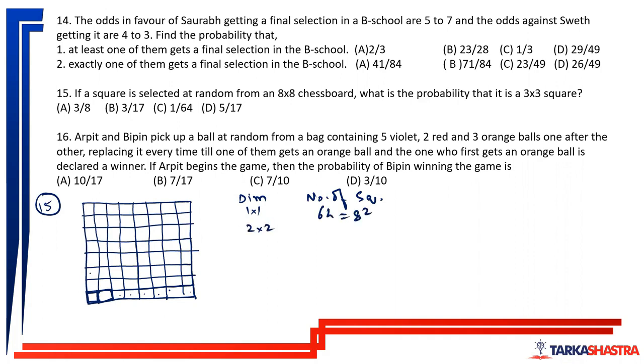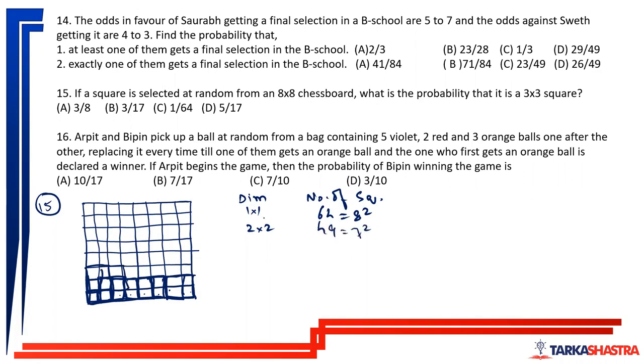2x2 dimension भी कितने रहेंगे? So this is 1. This is the second one. This is the third one. This is the fourth one. Fifth one. Sixth. Seventh. तो टोटल ये 7 है. ऊपर से अगर आप देखोगे तो यहाँ से भी 7 मिलेगी आपको. Total will be 49, which is 7 square.